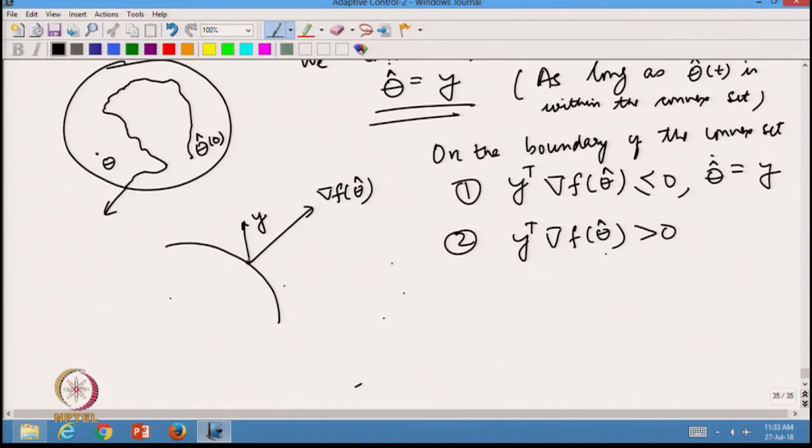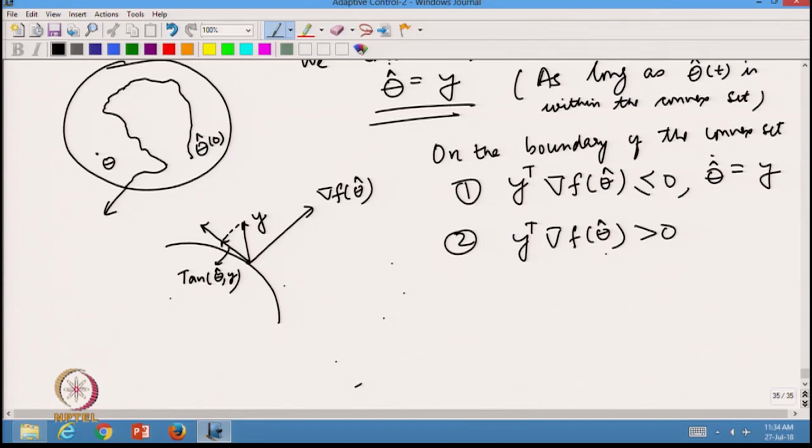So, we construct a tangent at this point, okay, and then we take the projection of y on this tangent vector, and this vector that we get is what we call, let's call this, tangent at theta hat comma y.